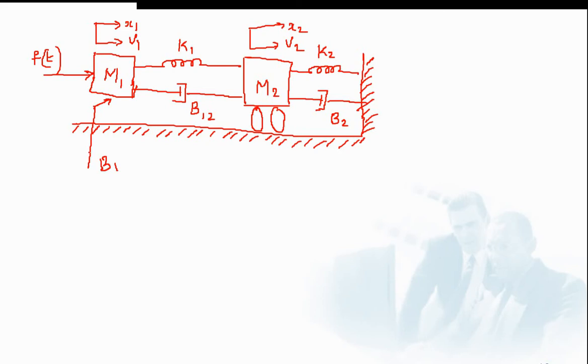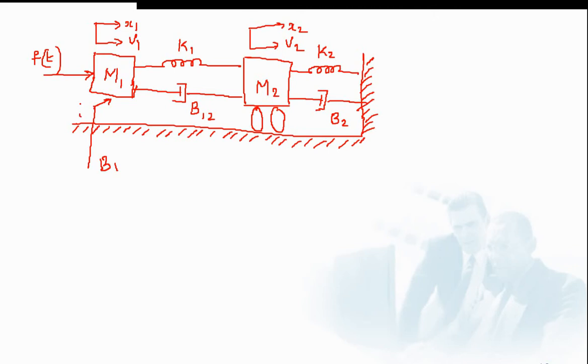That means there is a damper associated only with M1, which is not shown in the figure but is represented by an arrow.